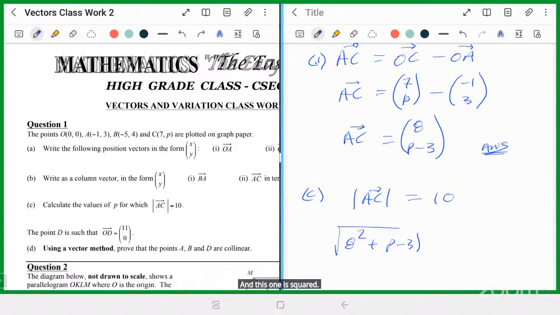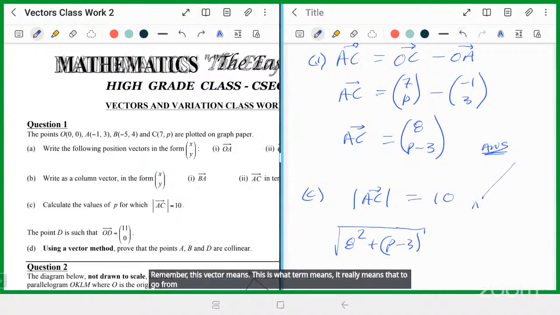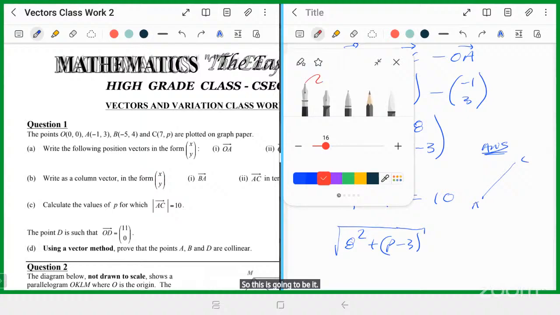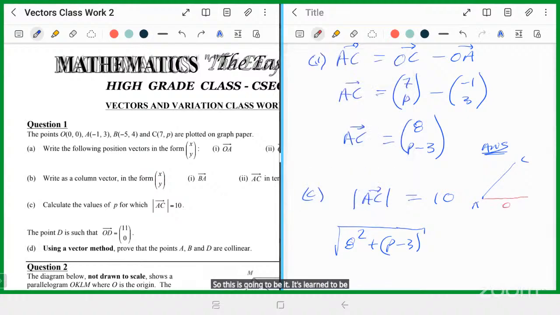Remember, it comes from Pythagoras' theorem. This vector means that to go from A to C, you go 8 units to the right, so this length is 8, and then P minus 3 units upwards.